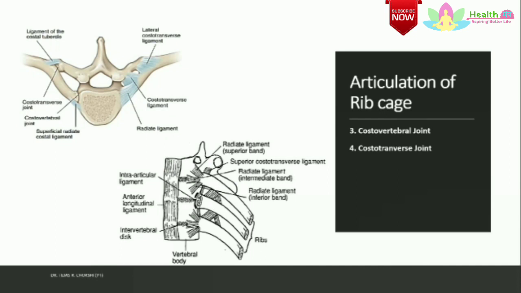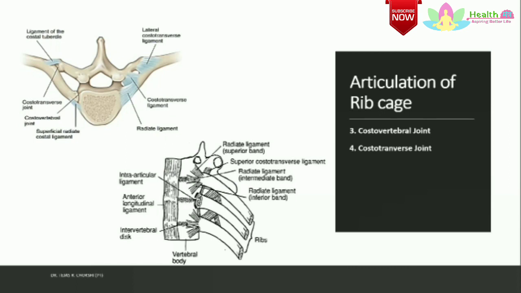The importance of the costotransverse joint is that on T1 through T6, there is a slightly concave costal facet on the transverse process of the vertebra and a slightly convex costal tubercle on the corresponding rib. This allows slight rotation movement between the segments, about T1 to T6.